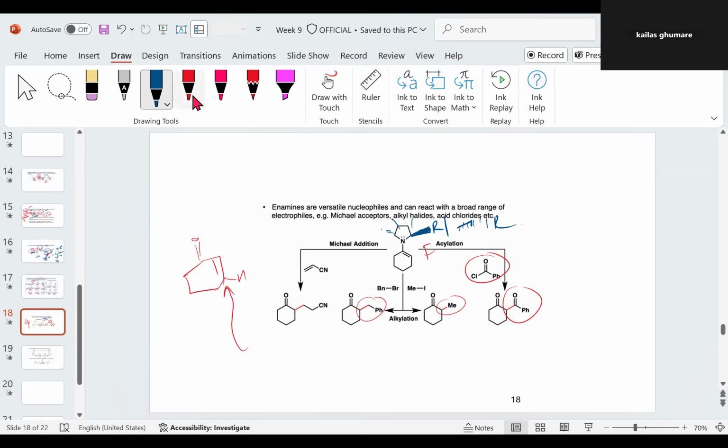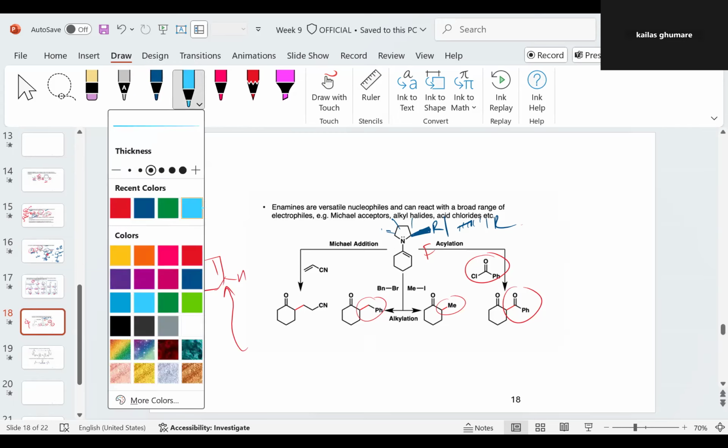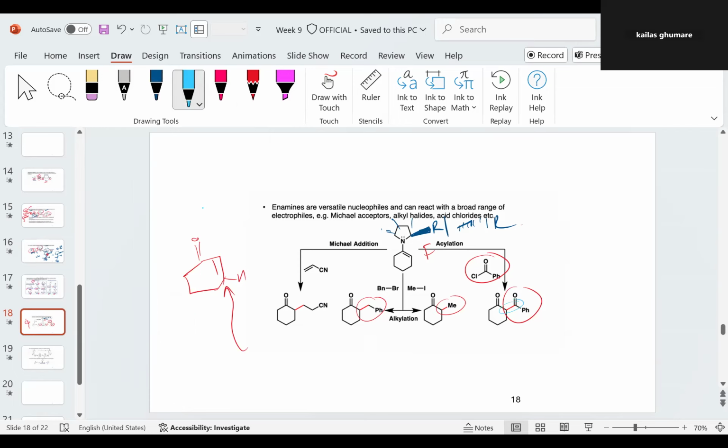So the stereochemistry of this bond is getting defined. These bonds are defined by the stereochemistry of the group present in the imine part, or the stereochemistry present in the enamine.